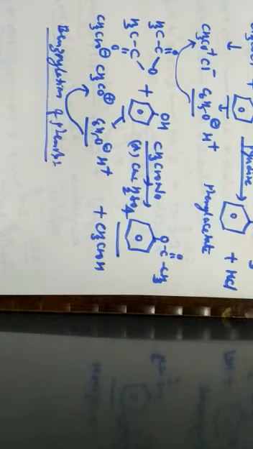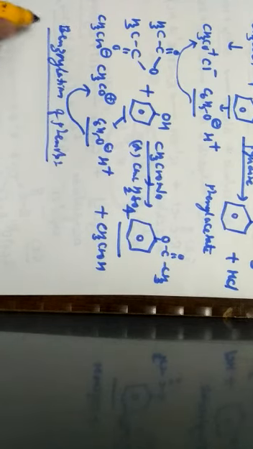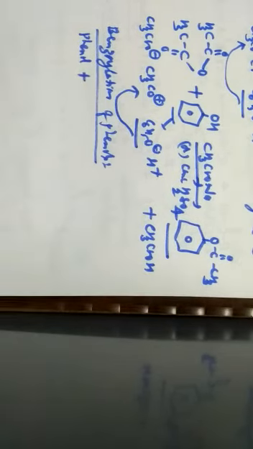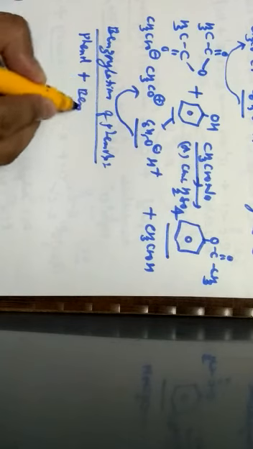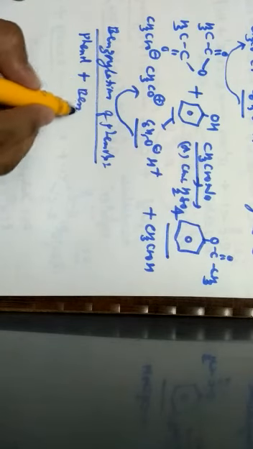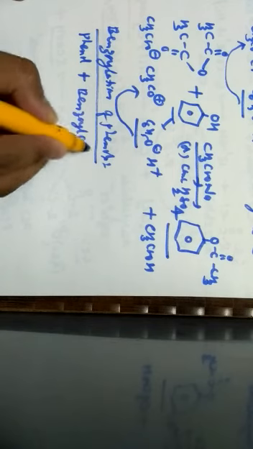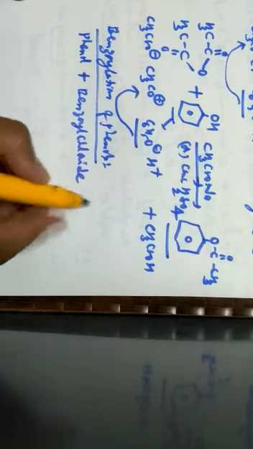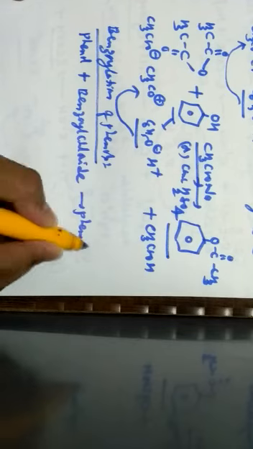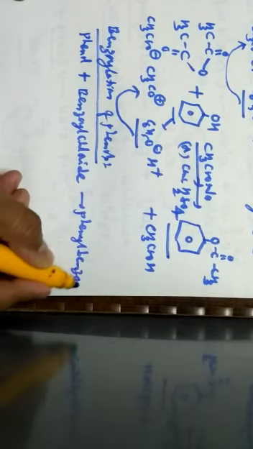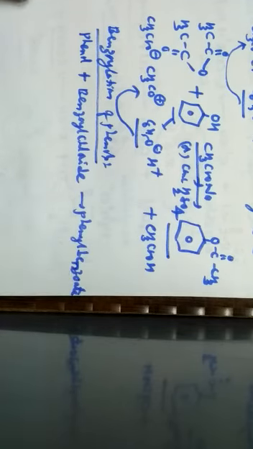Benzoylation of phenols explains that when phenol is made to react with benzoyl chloride, the product is called phenyl benzoate. Such a reaction can be considered as benzoylation of phenols.